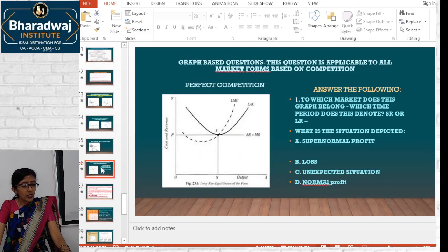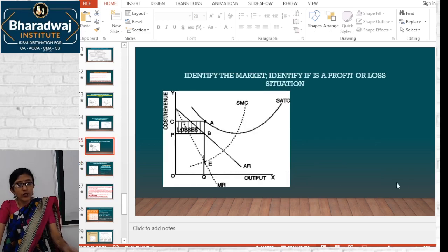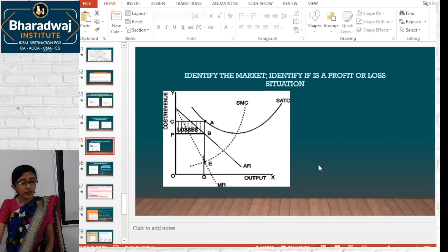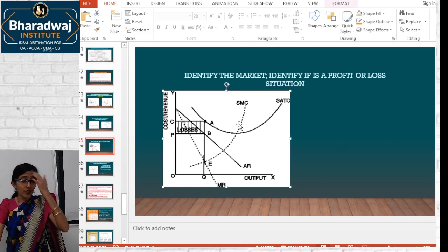No, this one. Now identify whether it is a profit or loss situation. Loss. Why do you say loss? Okay, what is market form?